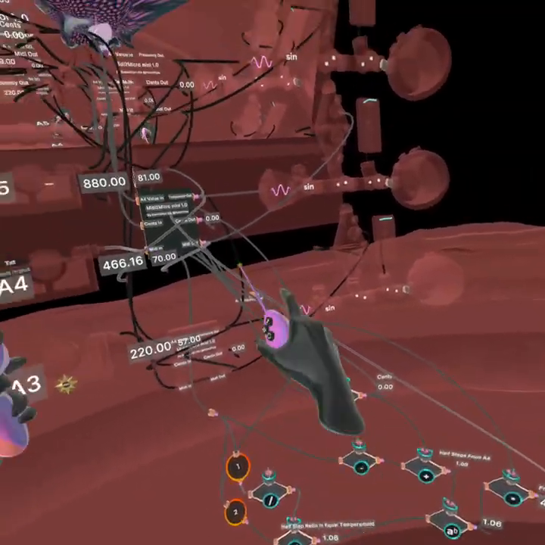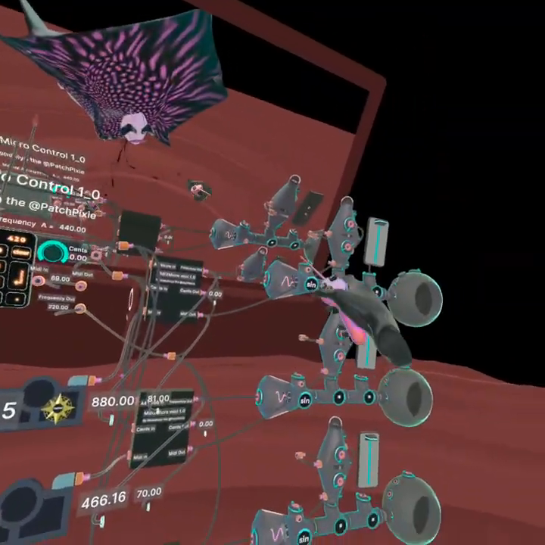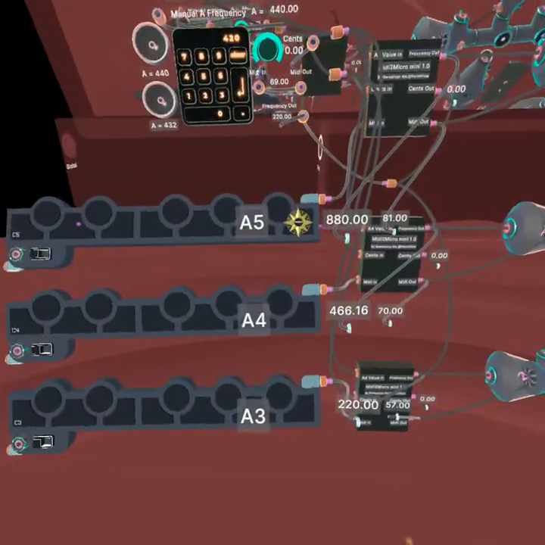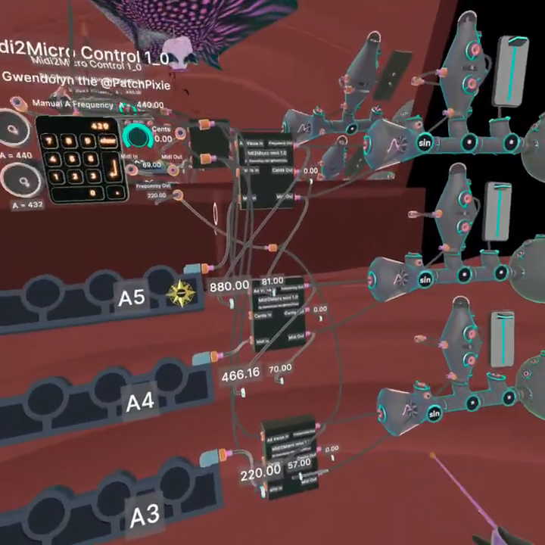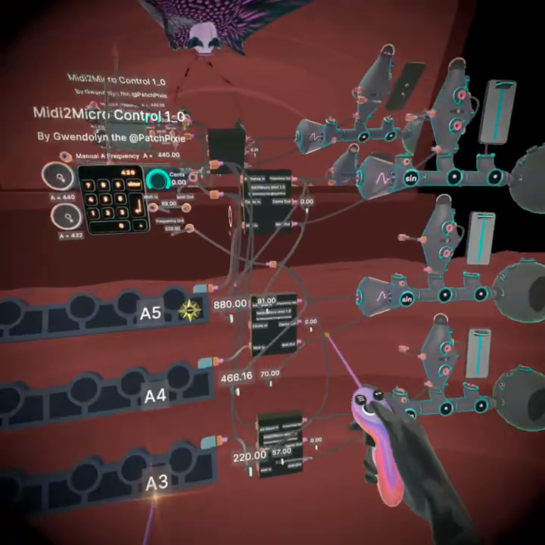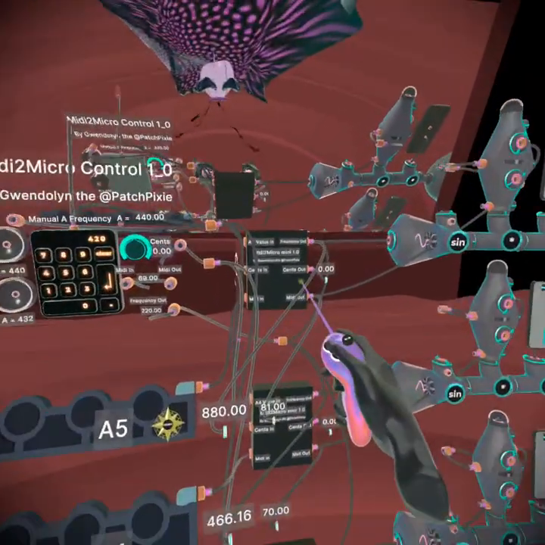And this is just showing you how I have this set up. Each of these keyboards is going to a separate oscillator here for the different octaves. You could set this up conceivably however you want. This is just a block here.